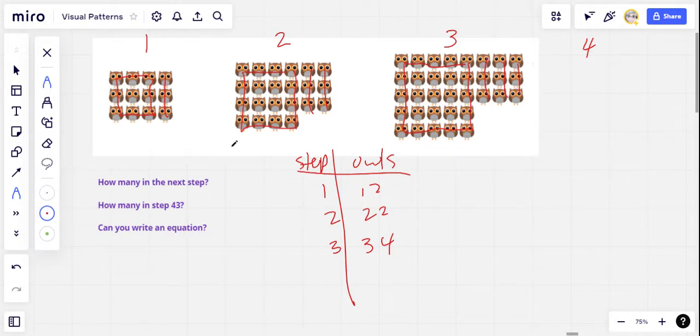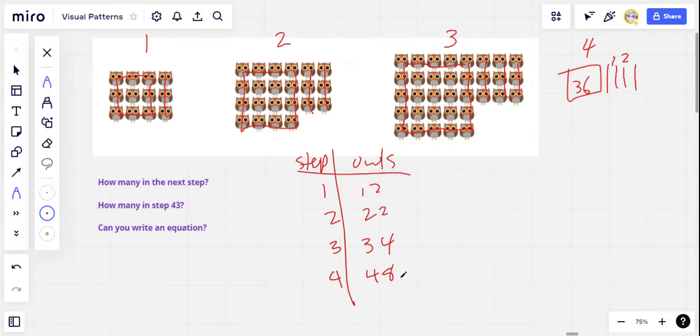So it looks like in every step, the size of the square goes up by 1, and the number of rows of 3 goes up by 1. So in step 4, I would expect a 6 by 6 square, so that would have 36 in it, and then 4 rows of 3. So that would be 12 more. So 36 plus 12 would be 48.